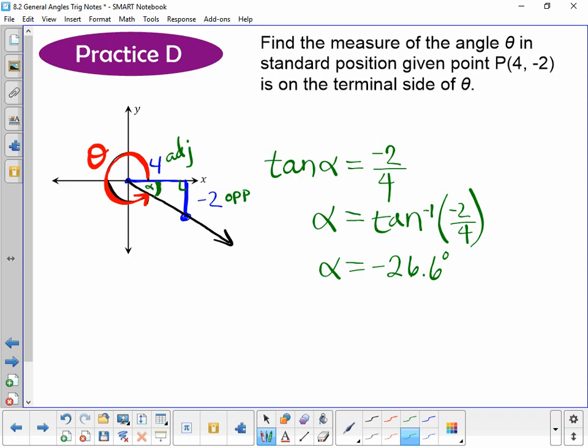It's the size 26.6, and it's rotating in the backwards direction. So if I want to figure out theta from that, a full rotation would be 360, and we are this reference angle less than 360. So to figure out theta, we subtract that 26.6 from 360.